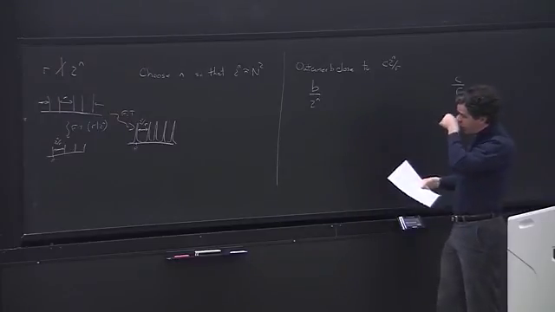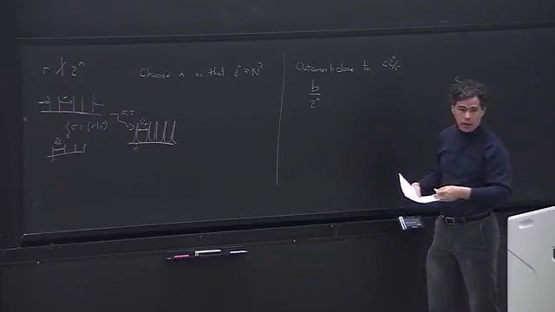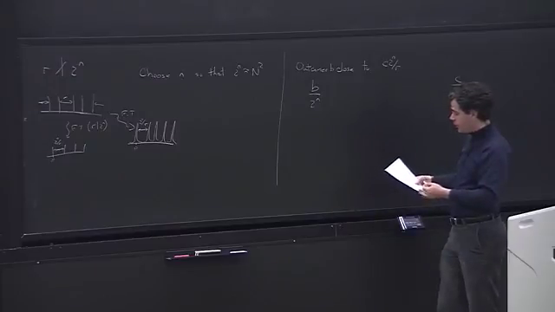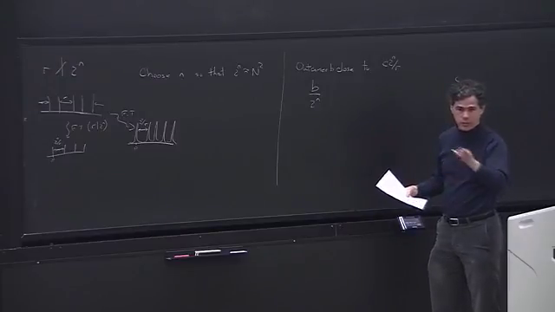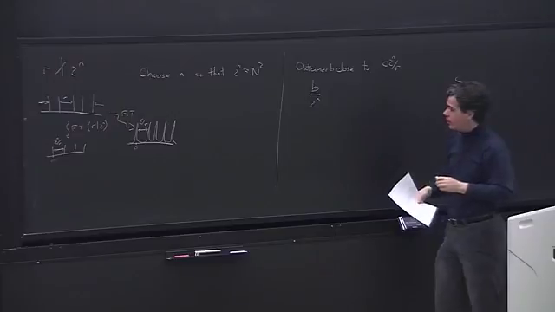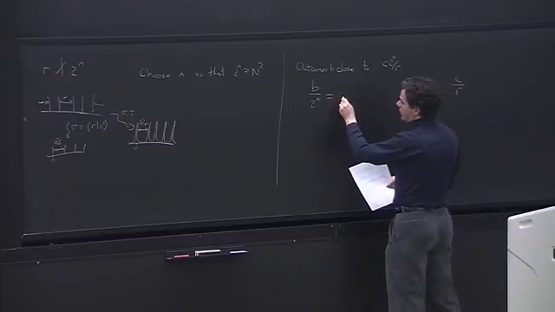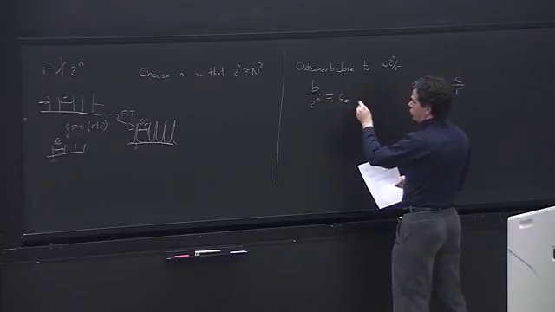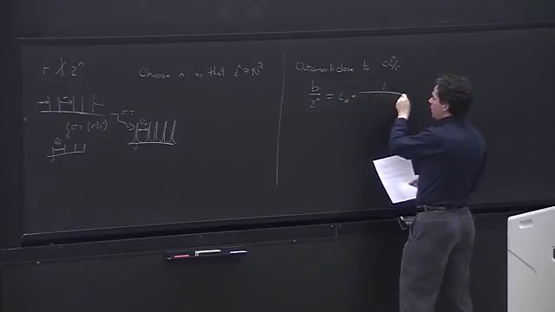It turns out that the best way to analyze this is using something called continued fractions. I don't know if people have heard of continued fractions before. But the basic idea is a continued fraction is something that looks like this.